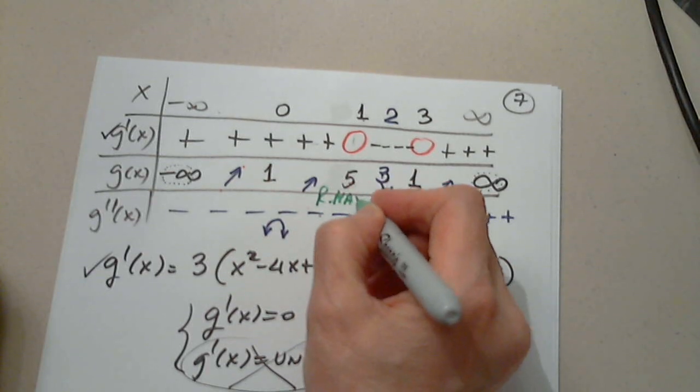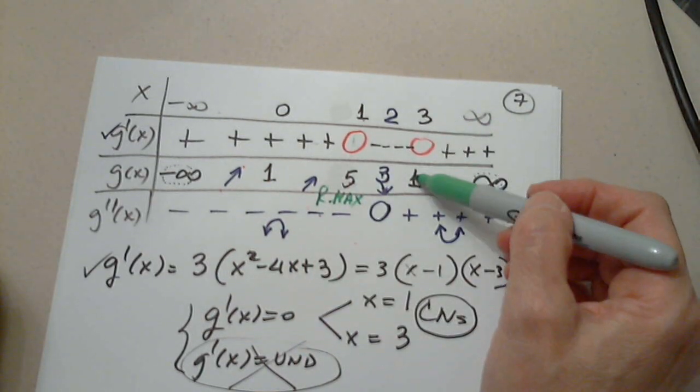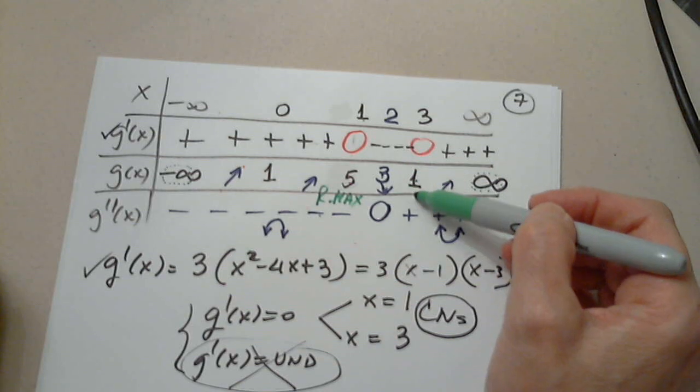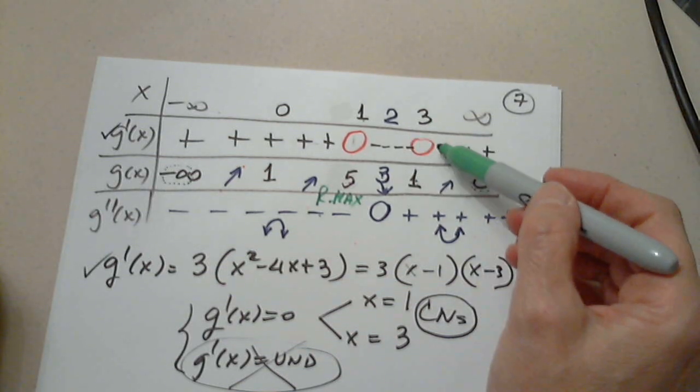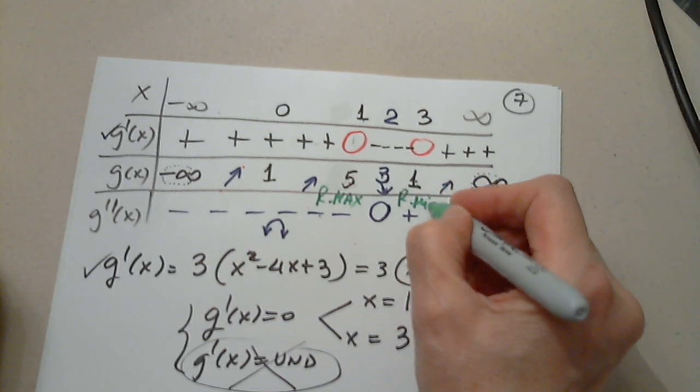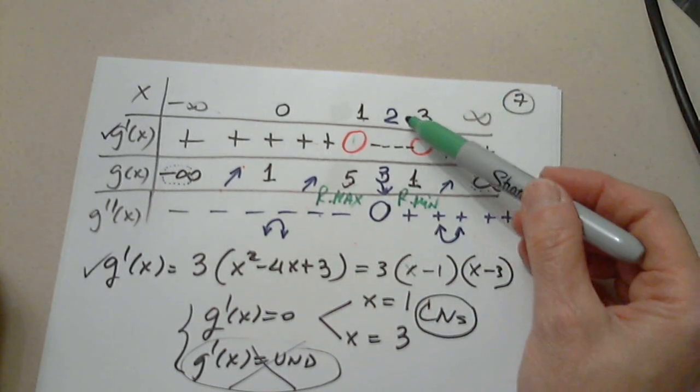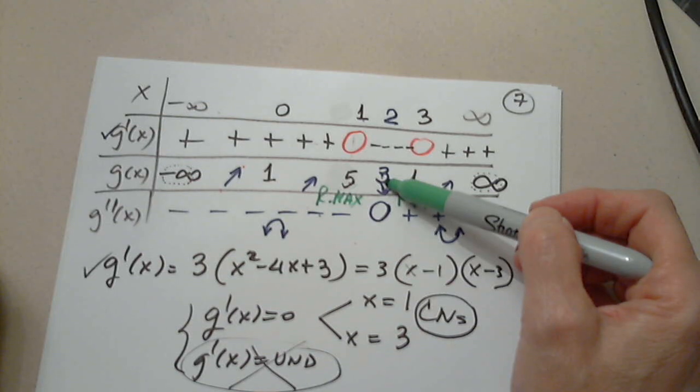Relative max. What type of point is 3 comma 1? 3 comma 1. Min. Yes, relative min. Final question. What type of point is 2 comma 3?